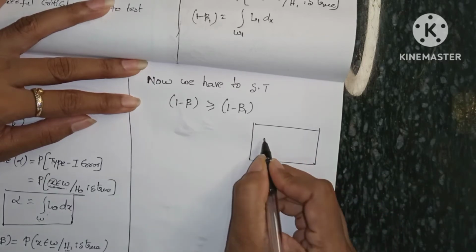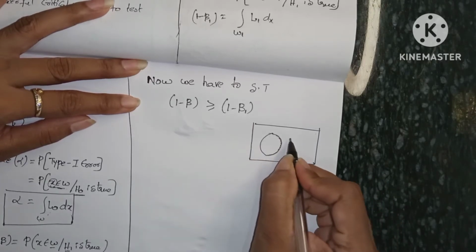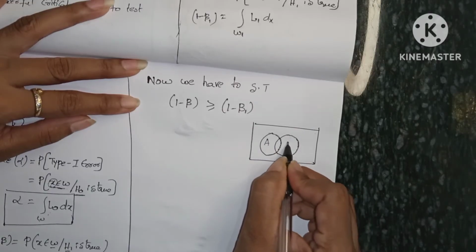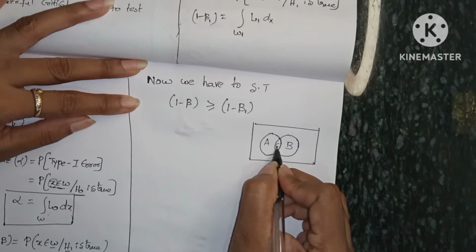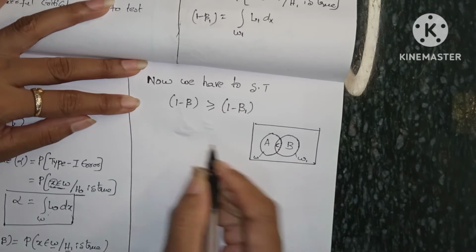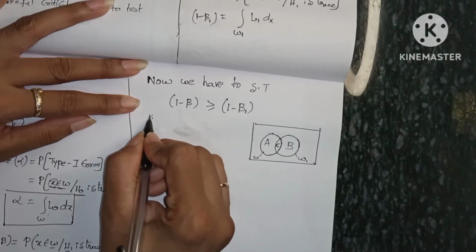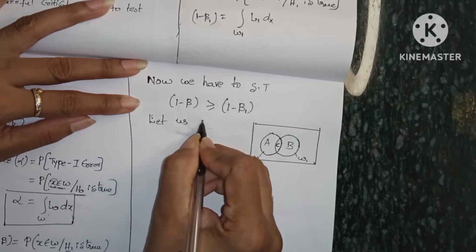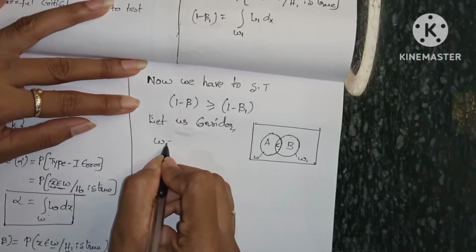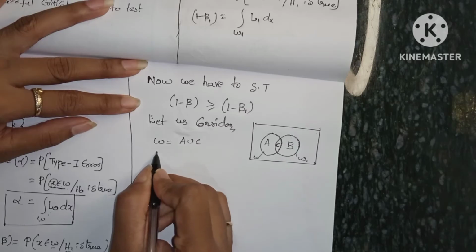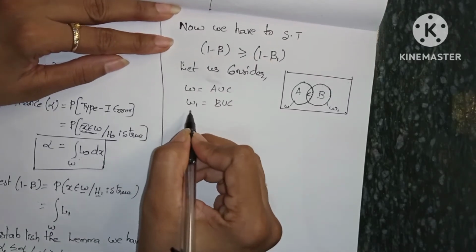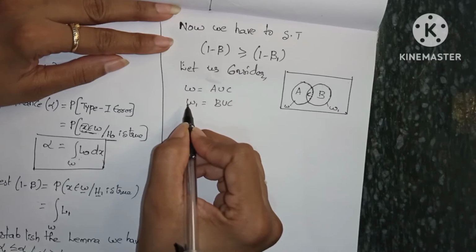This is set A, this is set B, and their intersection is C. This is omega 1. From the Venn diagram, omega equals A union C, and omega 1 equals B union C. You can also call it omega dash, omega bar.